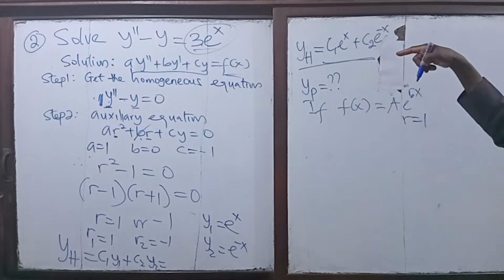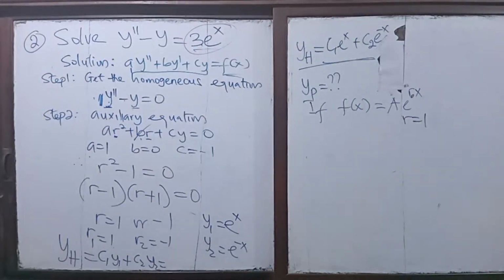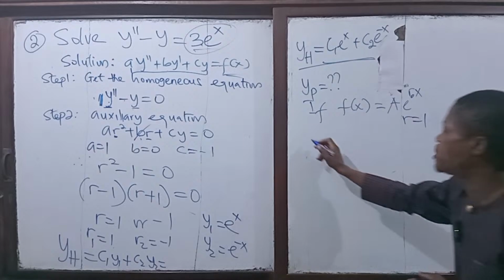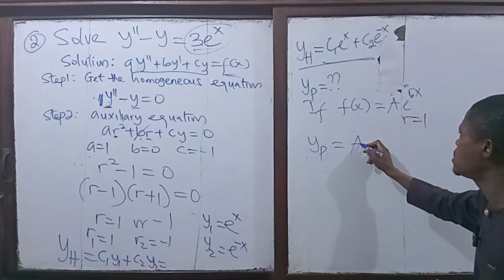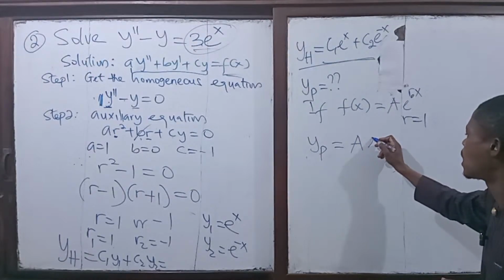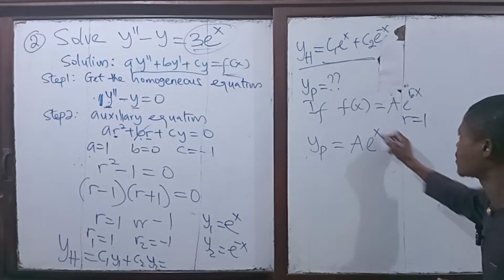So the yp will be of the same form, A times e to power x.